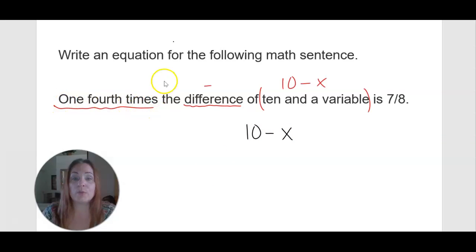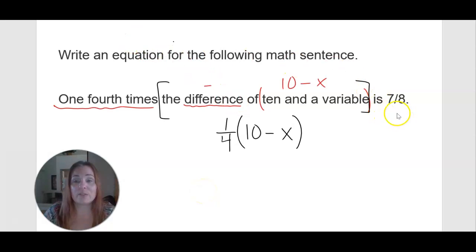And we are doing 1/4 times this, right? So to multiply this difference by 1/4, I would write parentheses around it and multiply by 1/4 by writing a 1/4 on the outside of the parentheses.